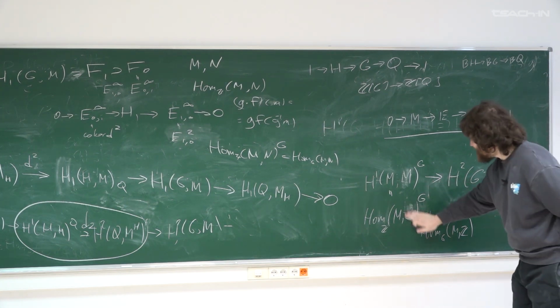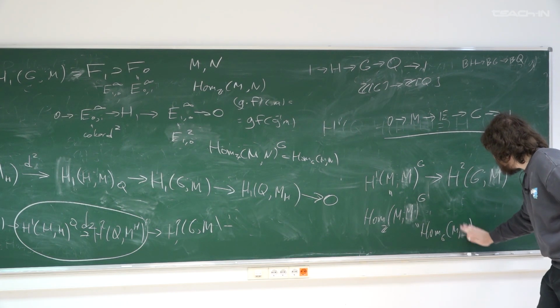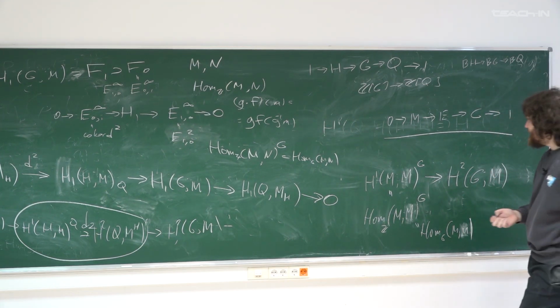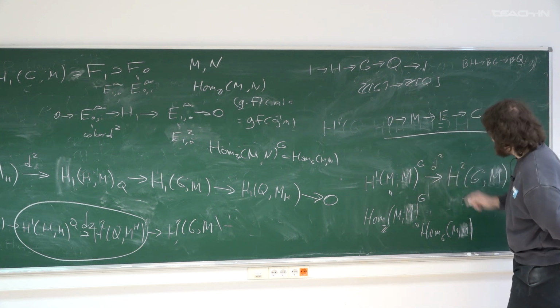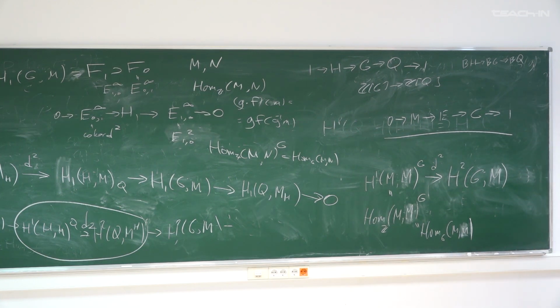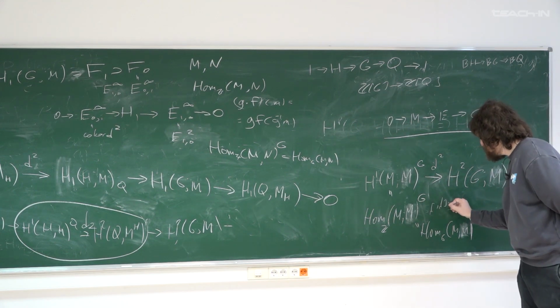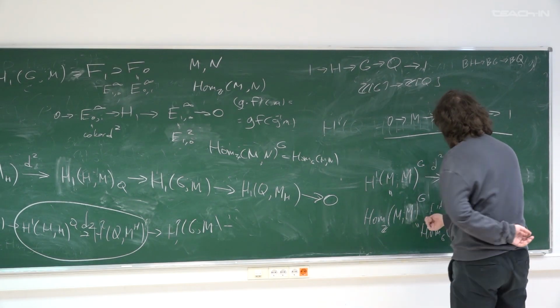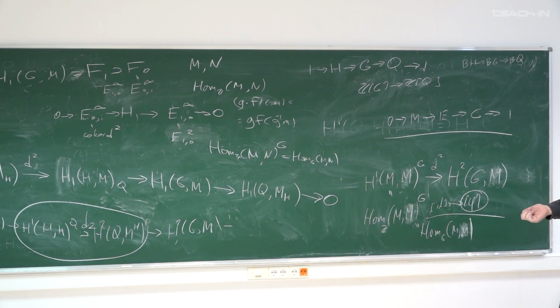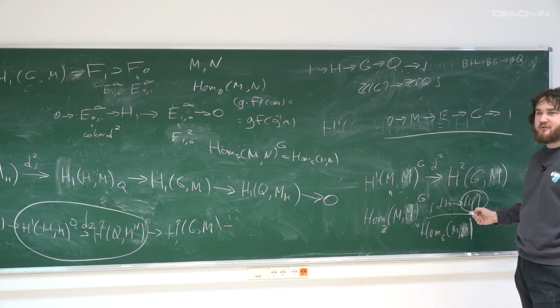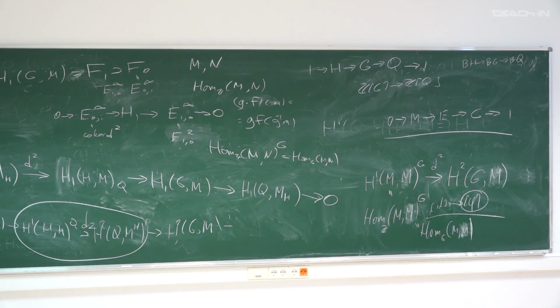Then it's also true: Hom_G from M to M. So we obtain a map, the differential goes from Hom from M to M to the second cohomology, and the corresponding class is the image of the identity. Identity goes to the class corresponding to this extension. So this is a functorial description of this correspondence. You can consider the identity, and then the image under the differential is exactly the cocycle corresponding to the extension. Okay, in this situation.